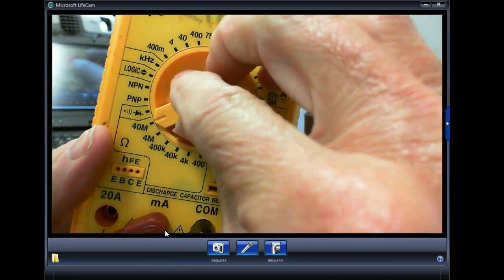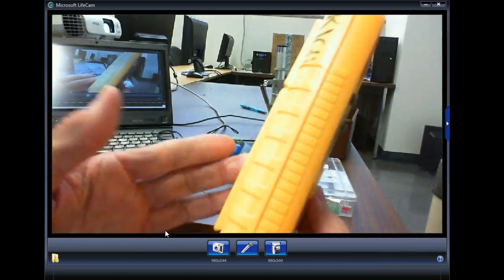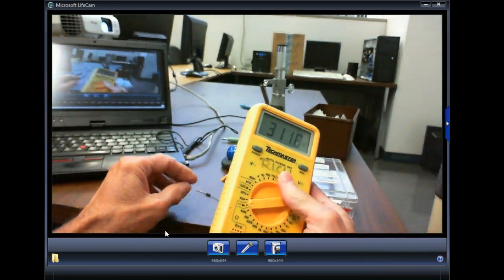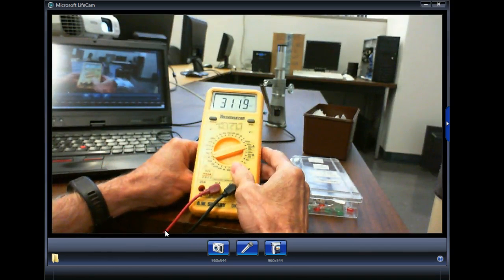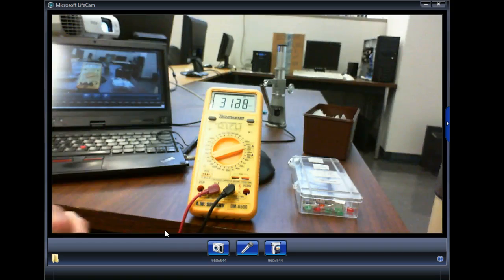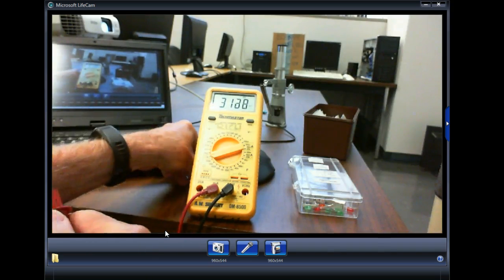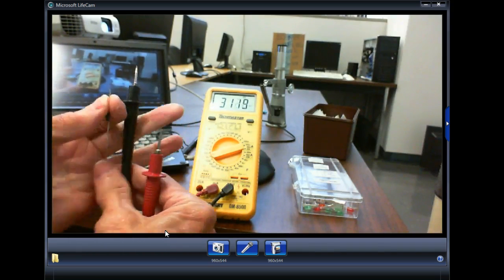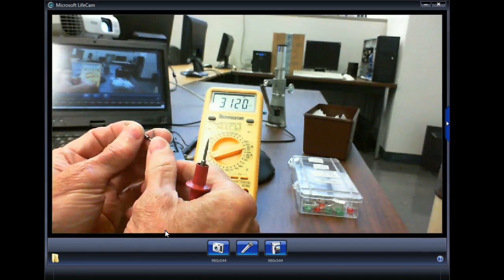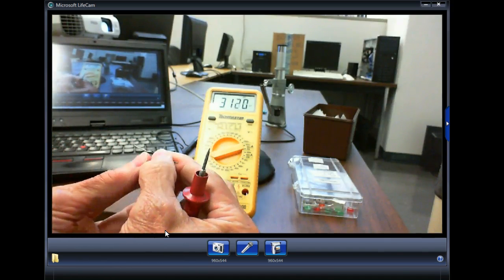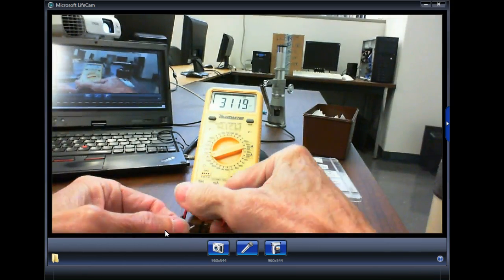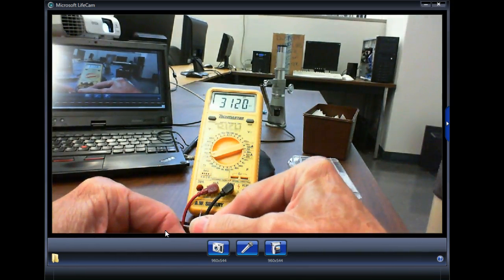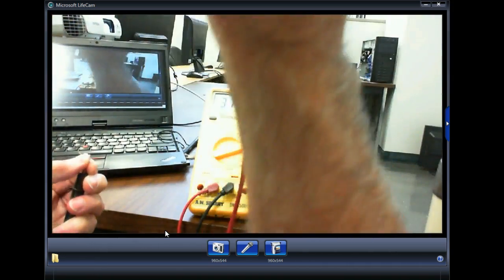If we're going to measure this barrier voltage, then we put our meter on what we call the diode scale. We'll talk more about that as we go along. Then I'm going to take my negative lead, my black lead, and put it on the cathode, and I'm going to take my red lead and put it on the anode. That's not good.